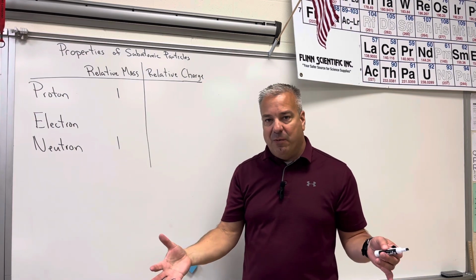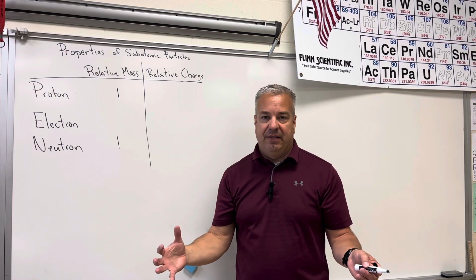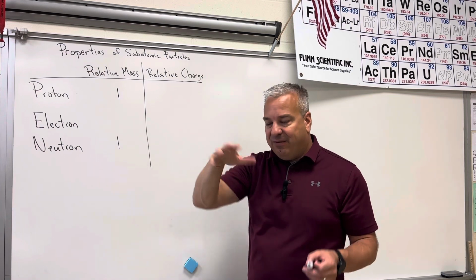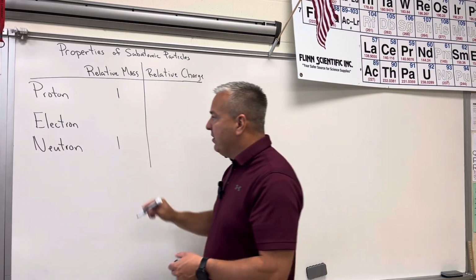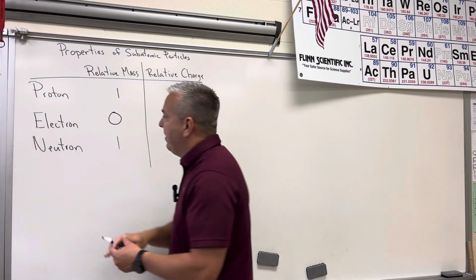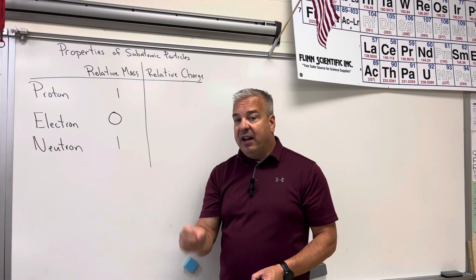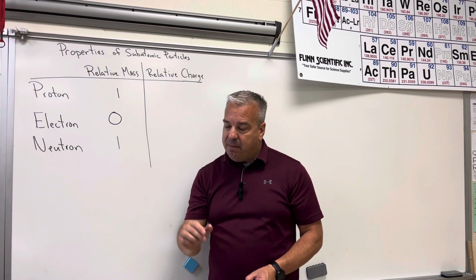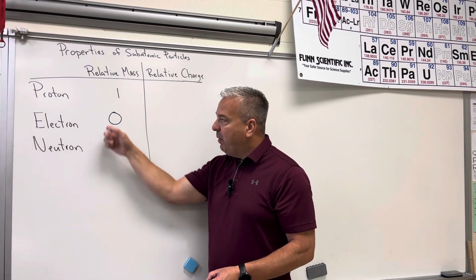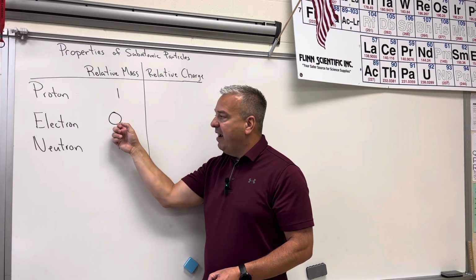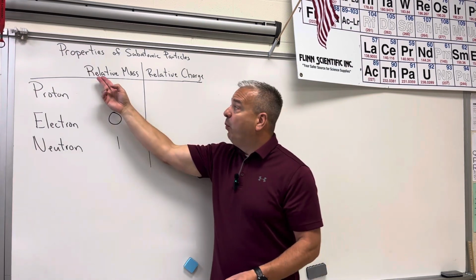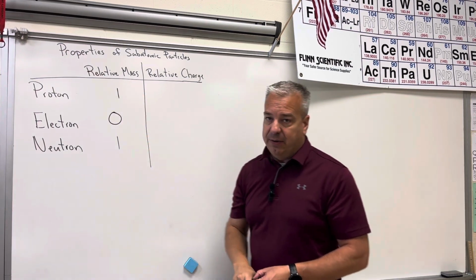Well, of course it would weigh more, but not significantly. That mass of the feather is just insignificant. So we are going to assign the electron 0 mass, but realize electrons technically have mass, but it's so small relative to protons and neutrons that we're assigning it a relative mass of 0.